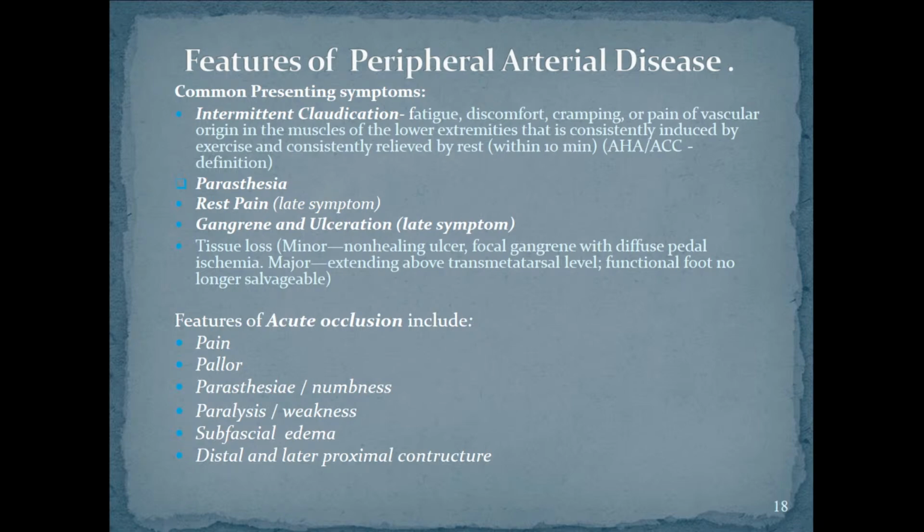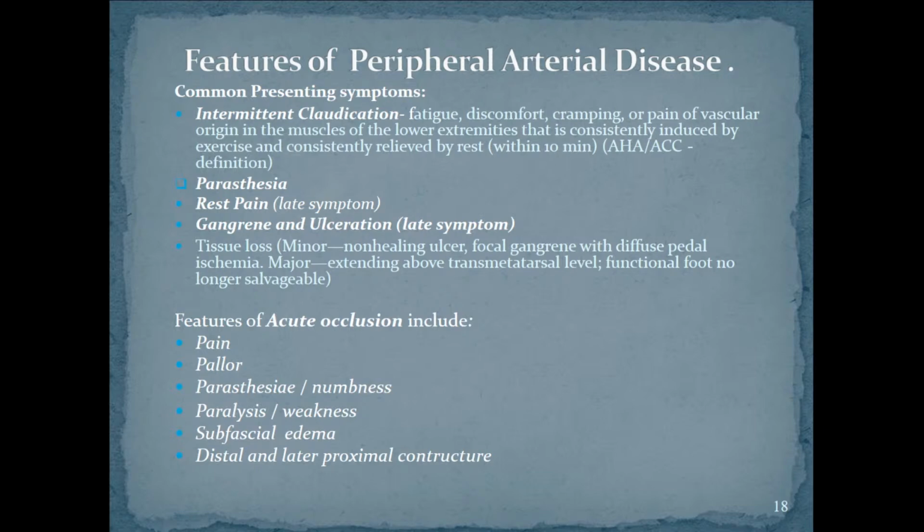It is a fatigue, discomfort, cramping, or pain of vascular origin in the muscles of the lower extremities that is consistently induced by exercise and consistently relieved by rest within about 10 minutes. So the patient walks, and then this pain makes him stop. So this is called intermittent claudication. Very important sign.